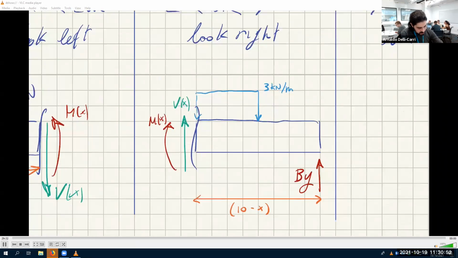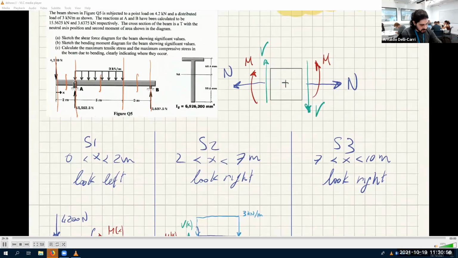Also, what's this one? Because this is also important. See, I'm cutting here again. How long is this? 5 minus x, 7 minus x. What do you think? I cut in the middle. Well, no, it doesn't matter.